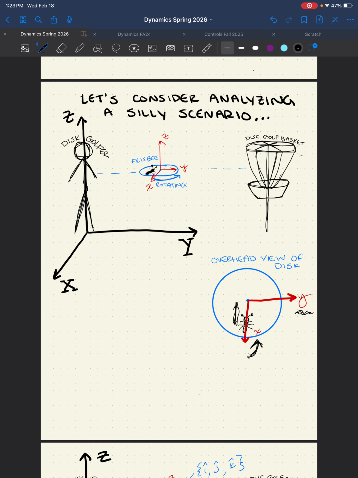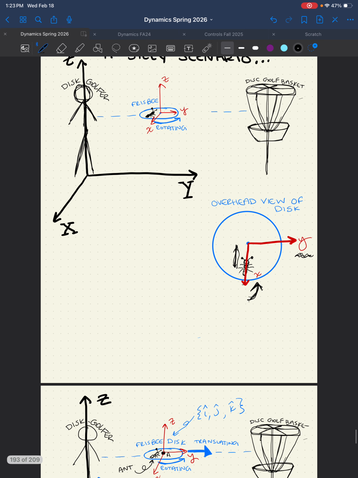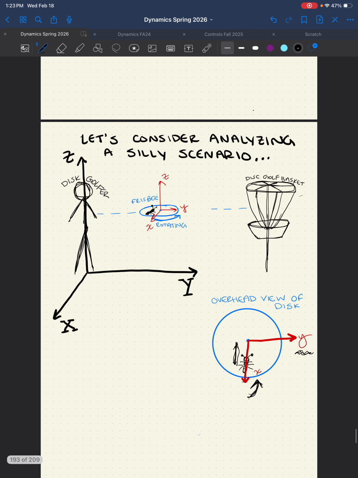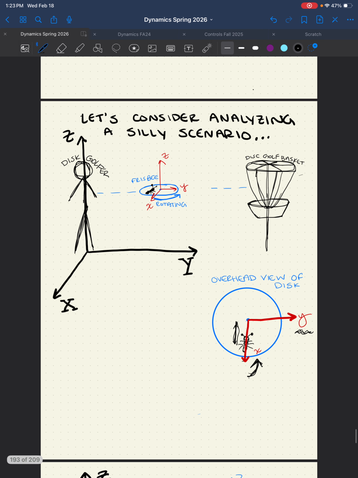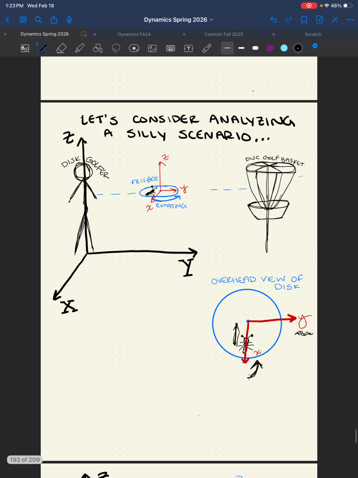Okay, so what we really need to know is how is this ant moving as perceived by the disc golfer? And that motion is going to be incredibly complicated because this disc is spinning and rotating, it's rotating and translating, and the ant is moving along the surface. So we'll draw in a second roughly what that is going to look like.